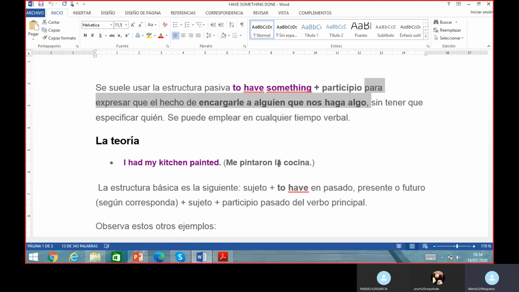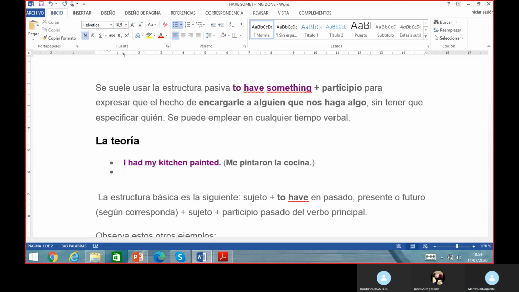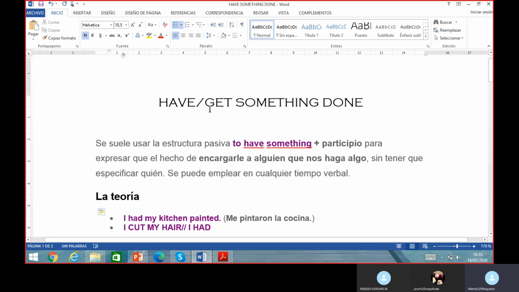En inglés tendríamos I cut my hair, me corté el pelo, yo. ¿Quién lo hizo? I, okay? Or if I went to the hairdressers, I would say I had, because I put it in the past.